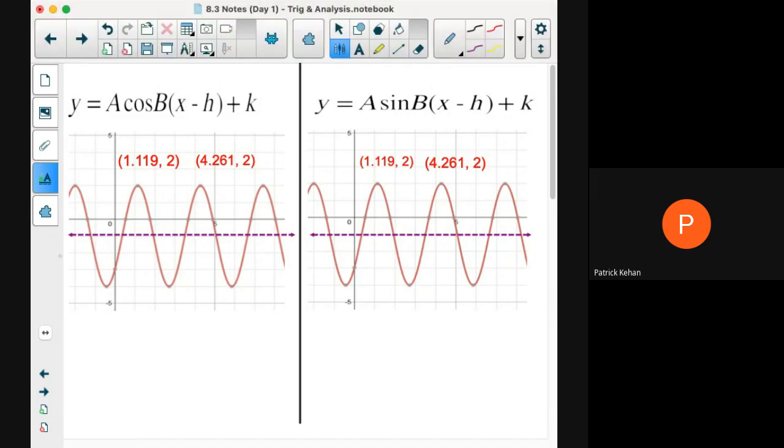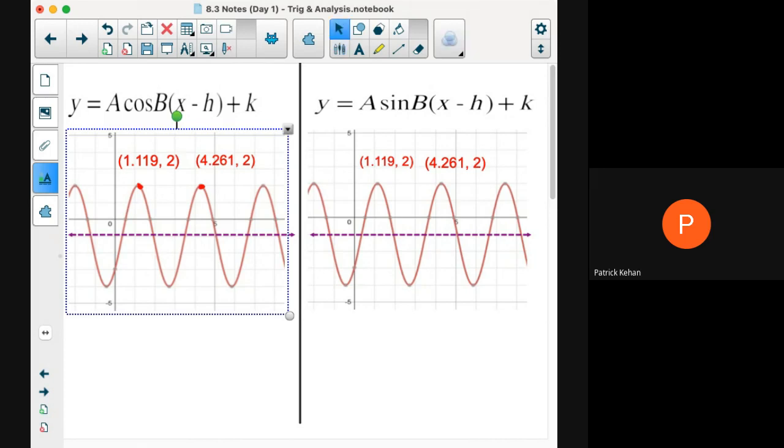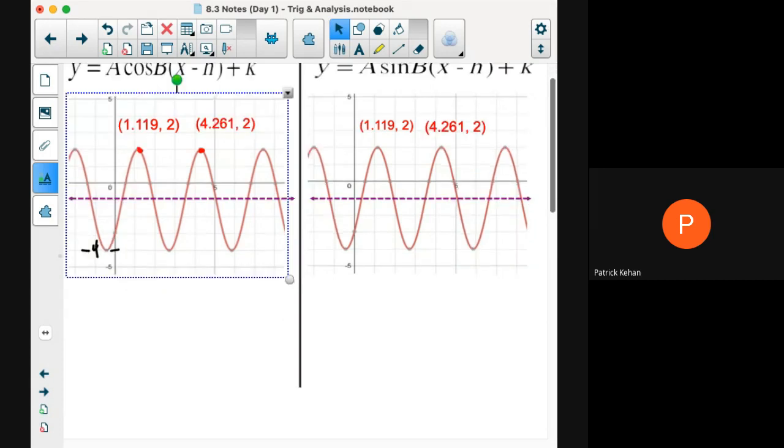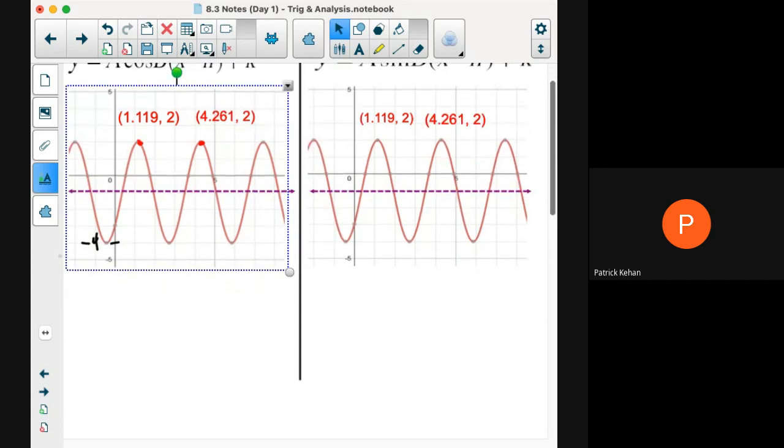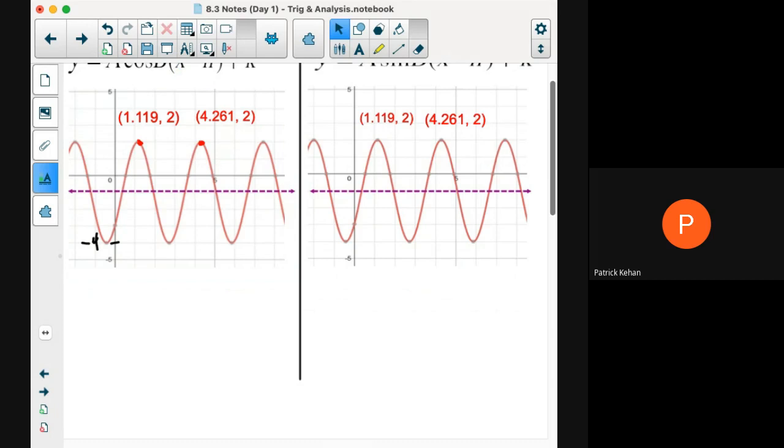Again, same points exist on this graph from the last one. This minimum down here is -4, and all the same properties exist that existed in the last example. So I'm just going to identify them, just to have them down. The amplitude was 3. That's not the A value, that's the amplitude.